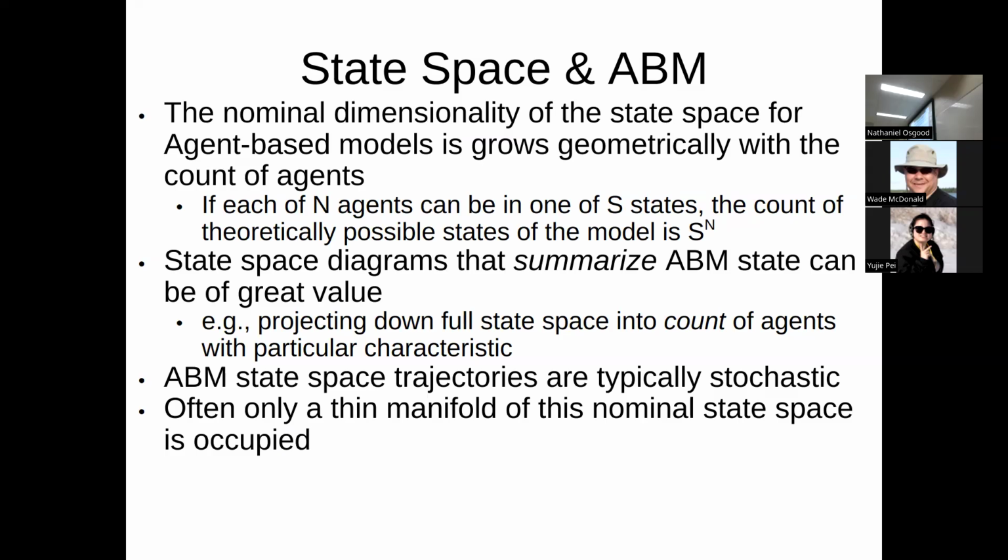Okay, 2 to the 10, 2 to the N. Right? Because it's 2 times 2 times 2 times 2, N times. That's what 2 to the N is. It grows geometrically. You can be forgiven for saying exponentially if you consider N as a continuous variable.